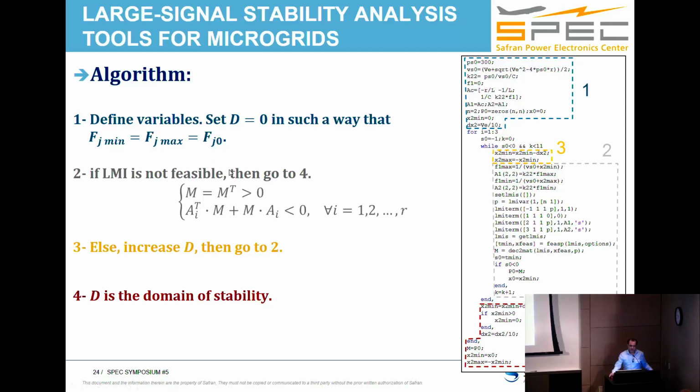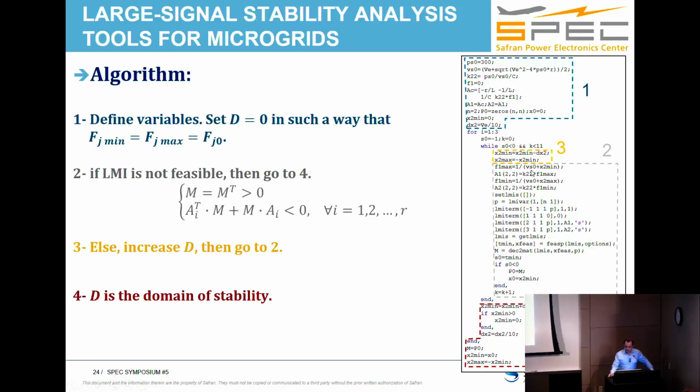Here you have this algorithm. You start with a zero domain, and then you try to get a wider, larger and larger domain. If this LMI is still feasible, you increase a little bit your domain, and at the end, you arrive to a point where this LMI is no more feasible. At that time, your domain of validity, or your domain of stability, sorry, is the last domain you got.